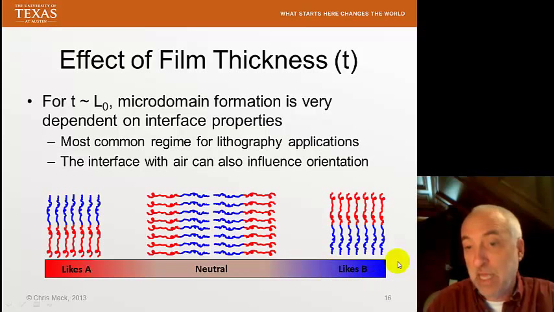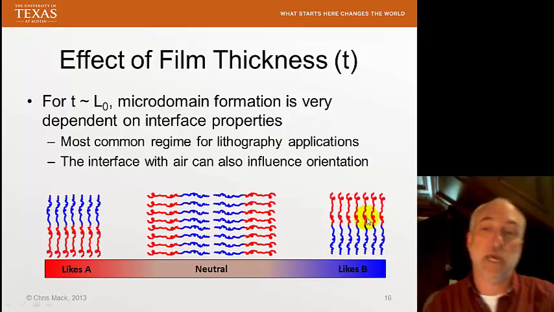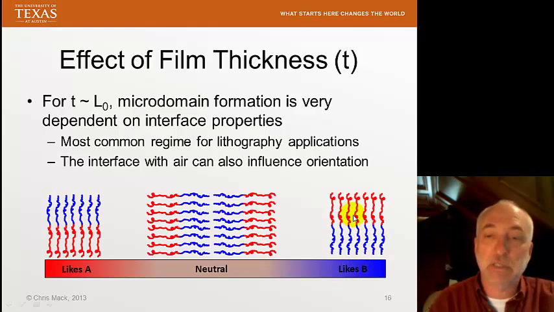On the other hand, if I had a substrate that really likes the B, I'll get the same thing but upside down, where all the B is attached to the substrate.